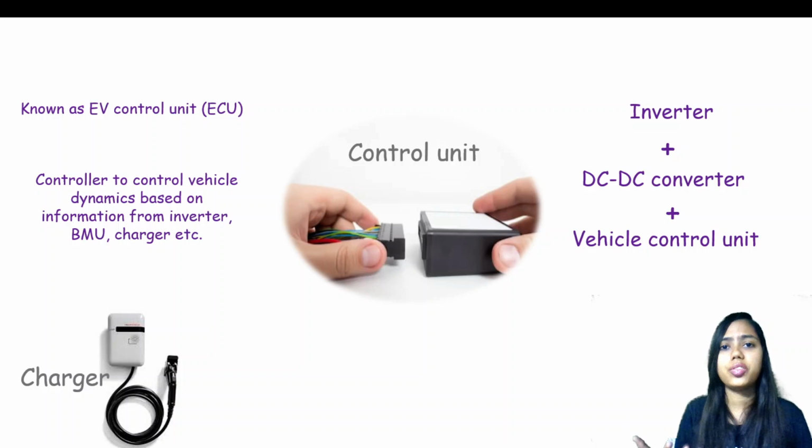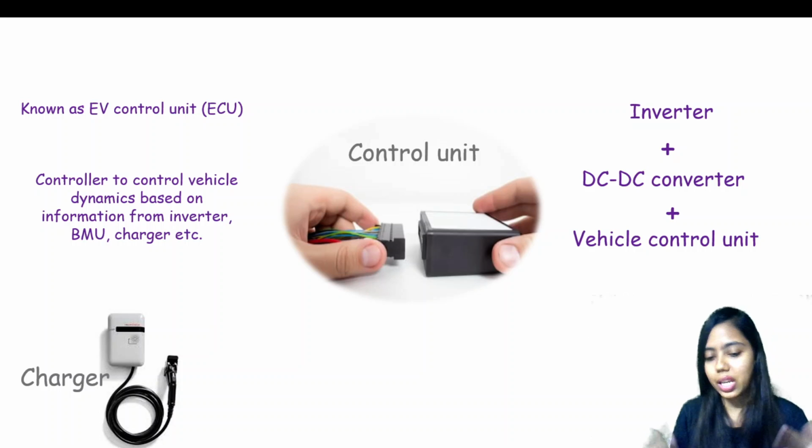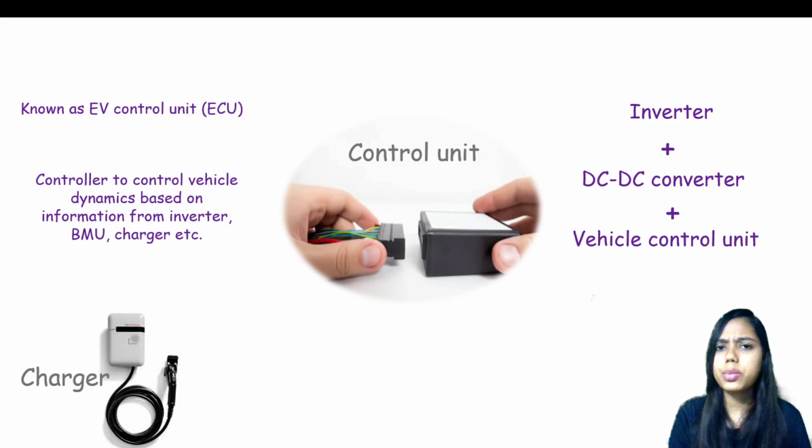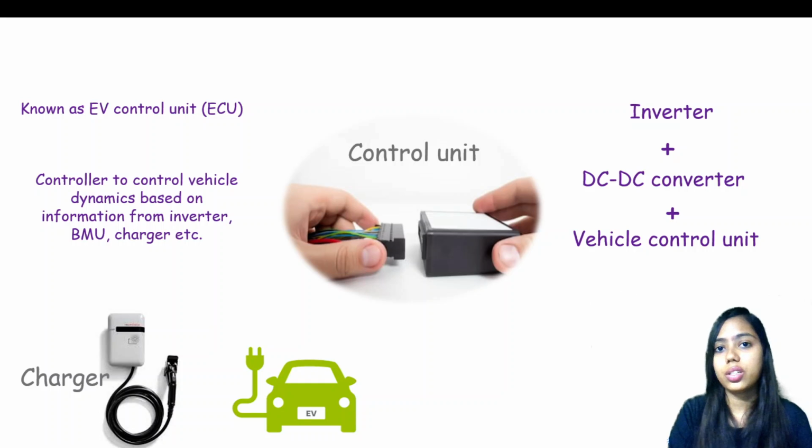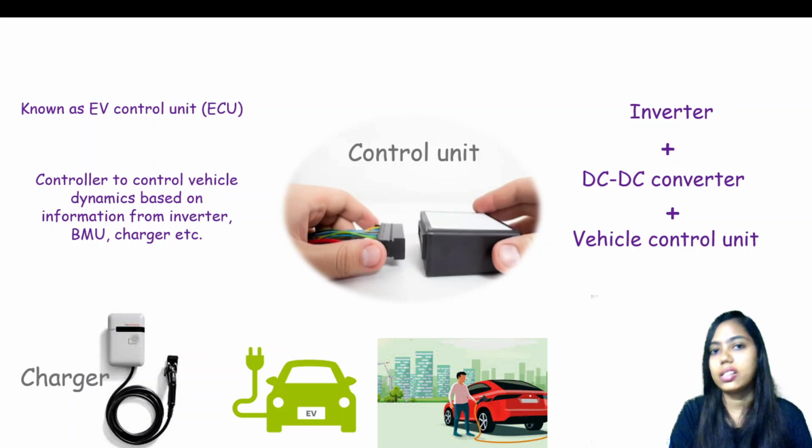The energy which we are getting from the outer source is in the form of AC, and this AC is converted to DC, and then it is fed to our battery to store the energy. We have two types of charger: onboard chargers and offboard chargers. Onboard chargers are already installed in your vehicle, and offboard chargers are not installed in your vehicle.